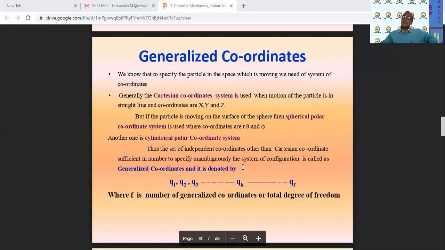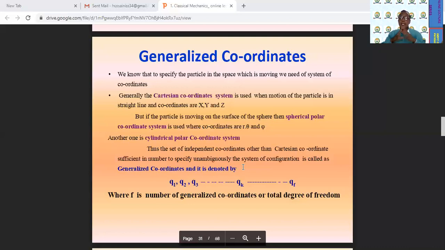One more coordinate system, which is no doubt much less used, is the cylindrical polar coordinate system. These are the three important traditional coordinate systems used to specify the position of a particle moving from one place to another in space.